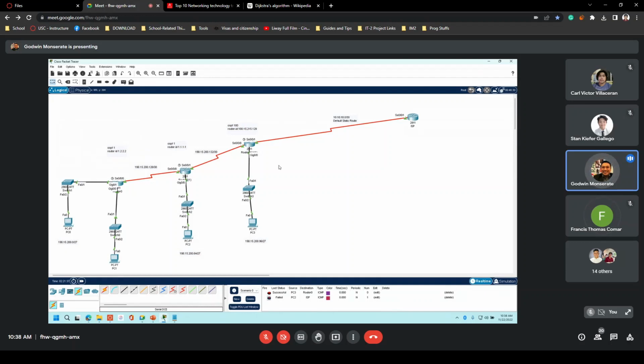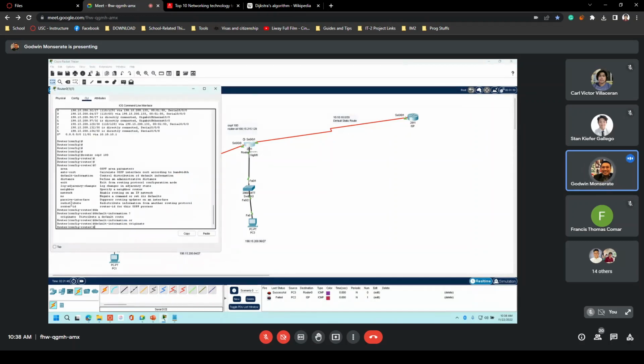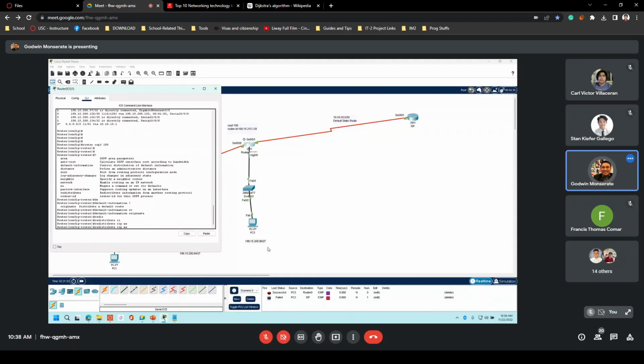Yes, sir. So you connect at your edge router, and you run RIP here. For OSPF to understand it, you put RIP into OSPF by giving the command redistribute RIP metric.